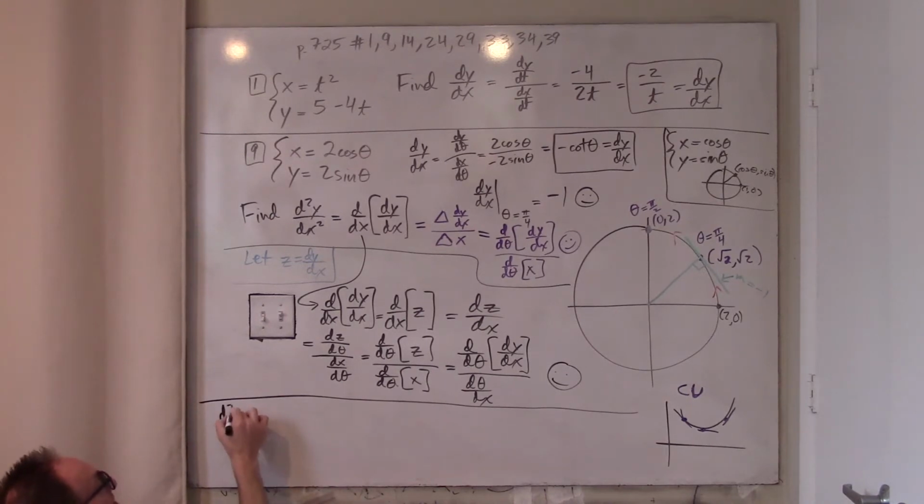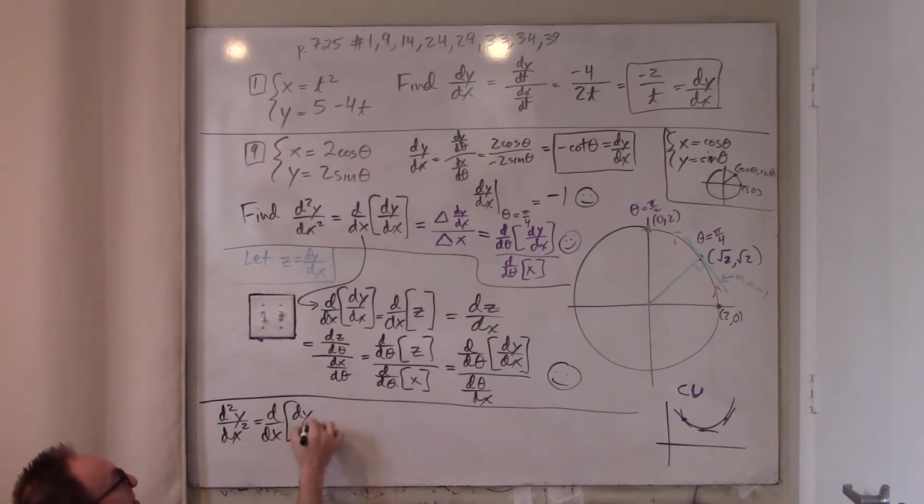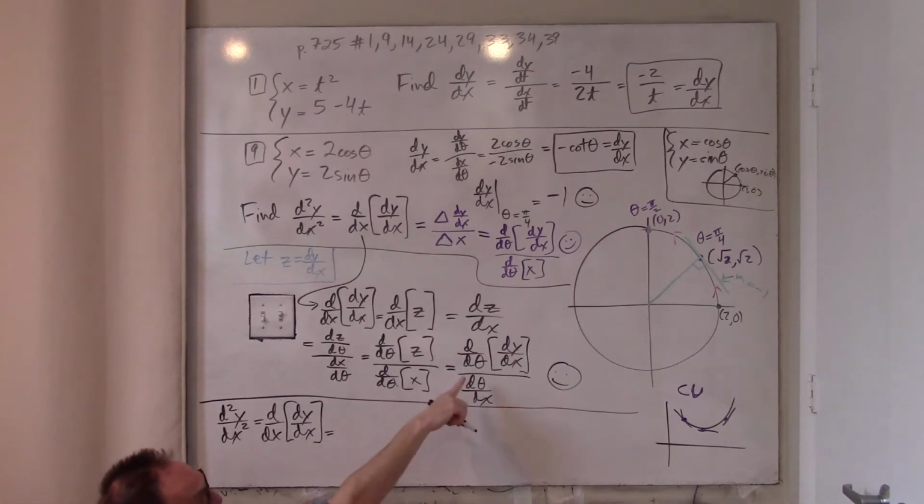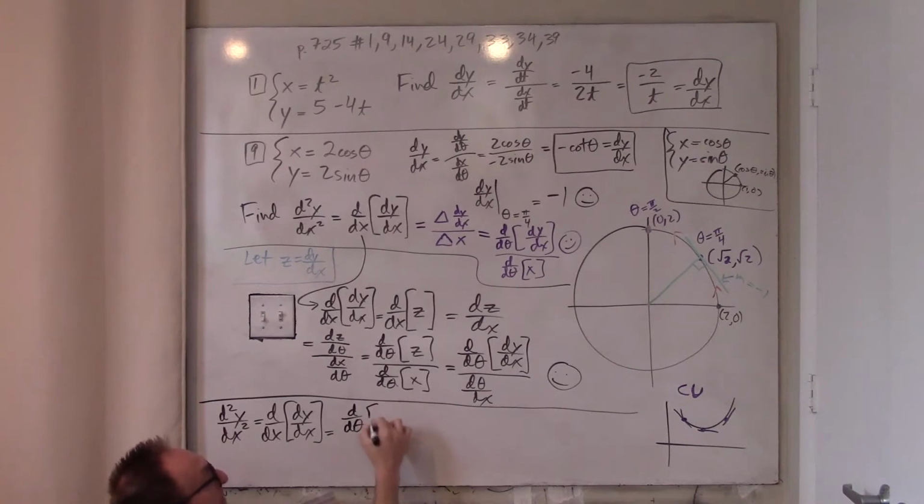So what is d squared y dx squared? It's the derivative with respect to x of dy dx. In other words, it's the derivative with respect to theta of dy dx over dx d theta. So we have to take the derivative with respect to theta of negative cotan theta, over dx d theta, which is negative 2 sine theta.